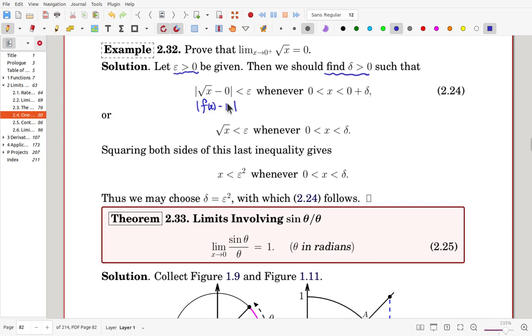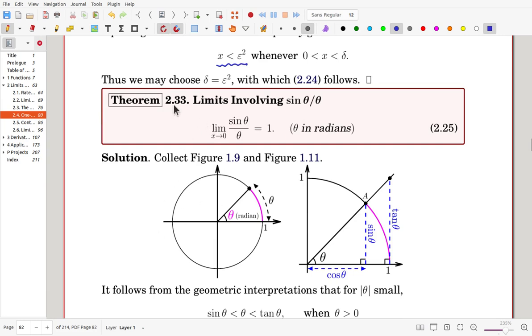It can be easily simplified: if you square, then x is bounded by epsilon squared, and the requirement is that x is between 0 and delta. Whenever you choose x in this interval, x must be bounded by epsilon squared. So easily we can choose delta equal to epsilon squared or smaller, and we complete the proof.